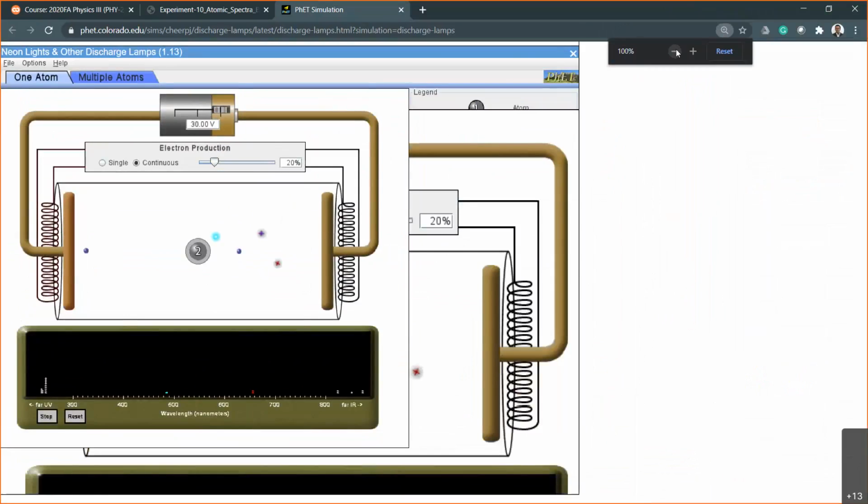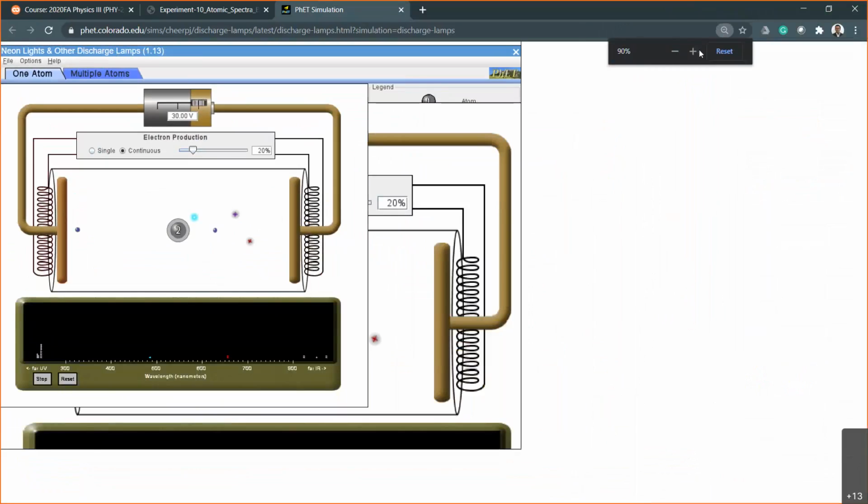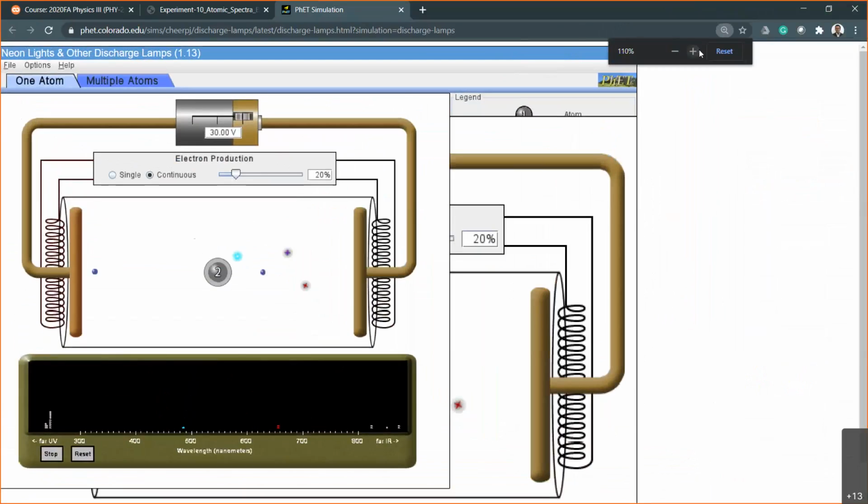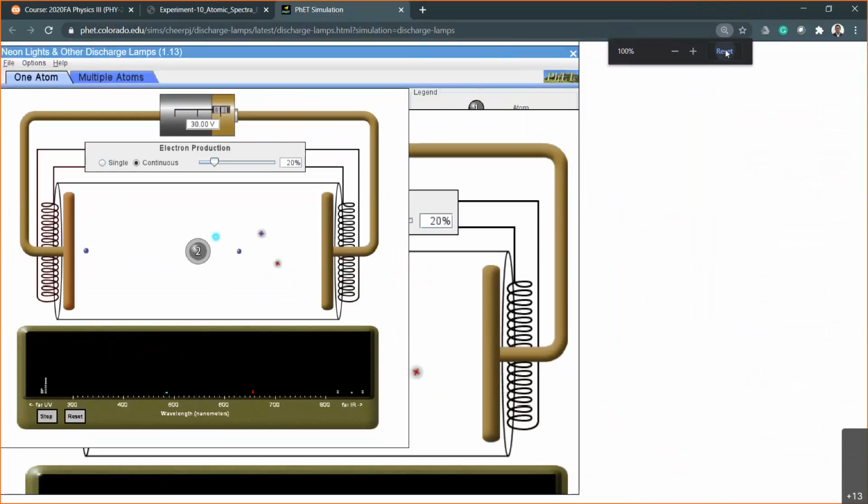Hiding. I have to reset that anyway. Okay, let's reset that.